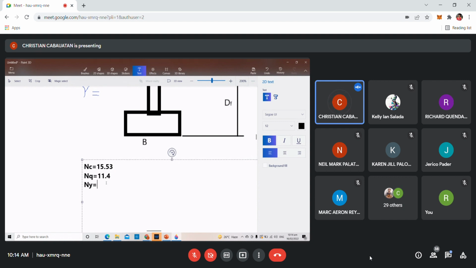Yun lang naman ang pagkakaiba niya. Pero most of the time, don't worry, based on my experience, these bearing capacities are always given, no? Sorry, 15.53 and then 6.05. Okay.